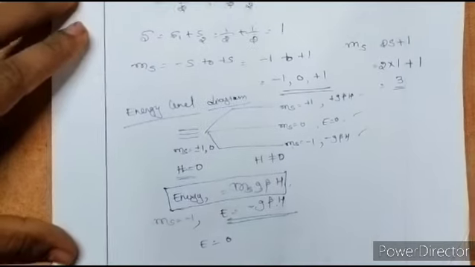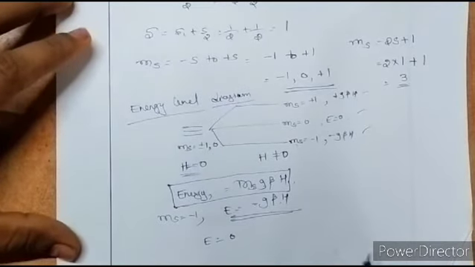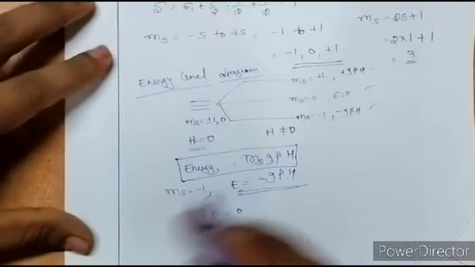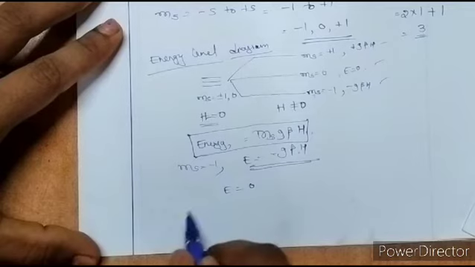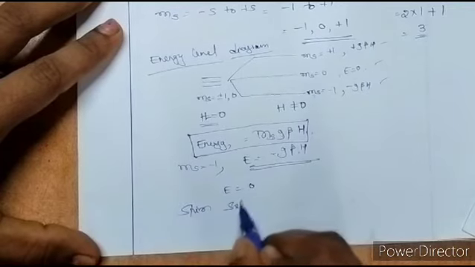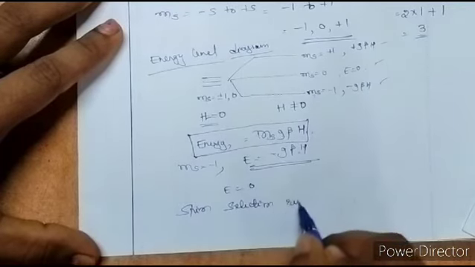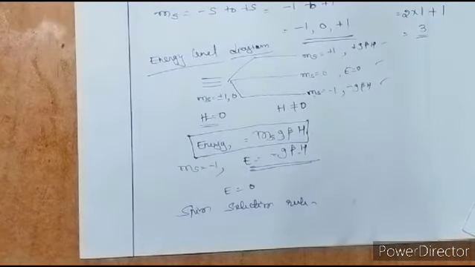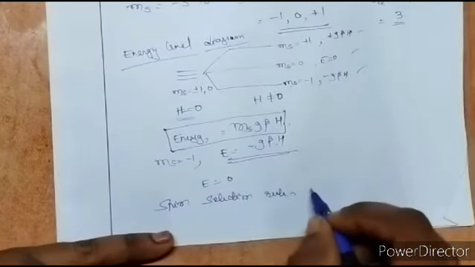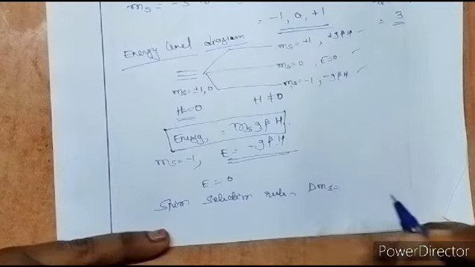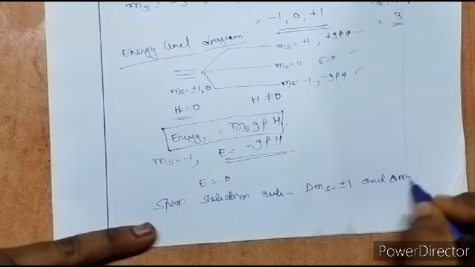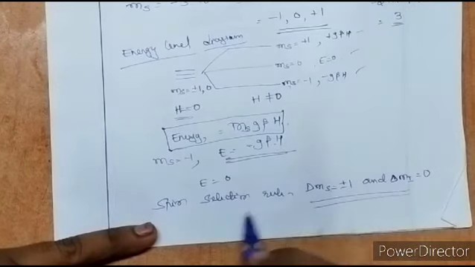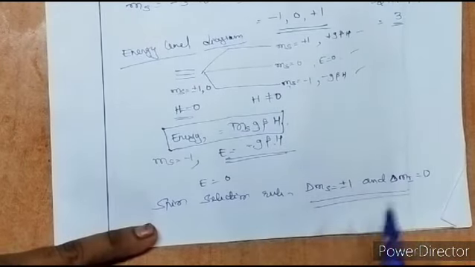Now we know the selection rule for the ESR transitions. The spin selection rule present in ESR spectroscopy is delta ms is equal to plus or minus 1, and we also have delta mi is 0. So this is the selection rule that we have already studied for the ESR transitions.